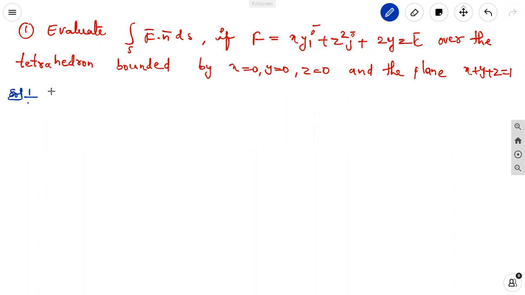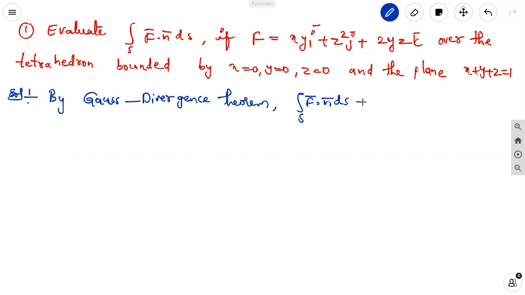See here, we know that by Gauss divergence theorem, surface integral F vector dot n vector dS is equal to volume integral div F vector dV.